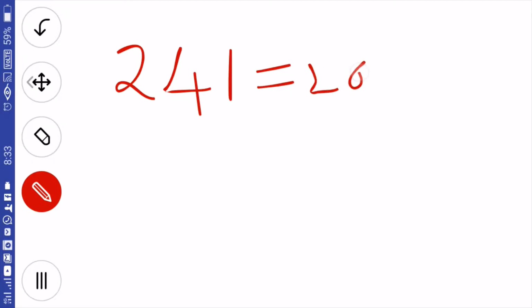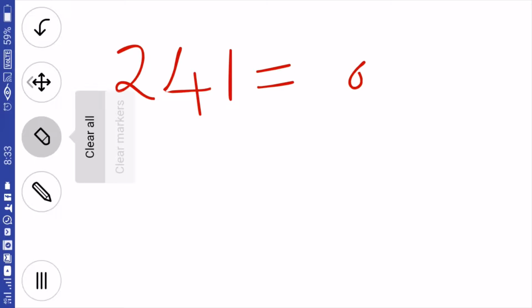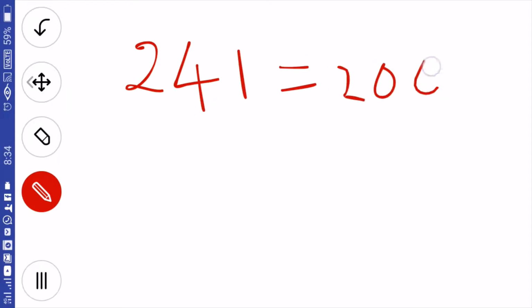So we see that 241 is 200 plus 40 plus 1.